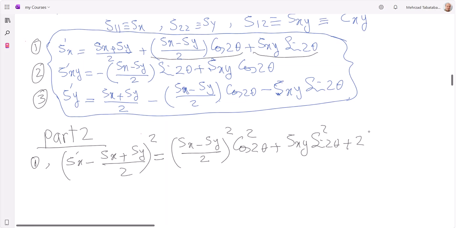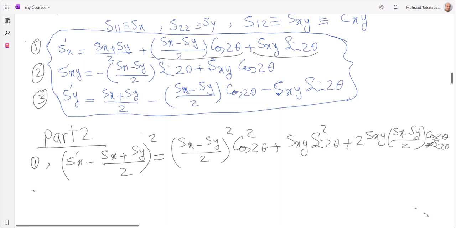So I will get 2 times sxy times (sx minus sy divided by 2) cosine 2 theta times sine 2 theta.